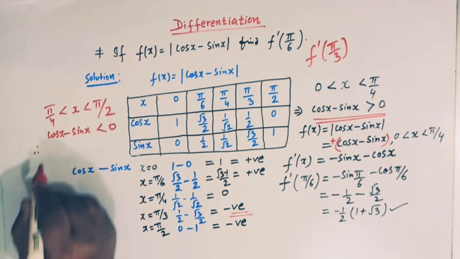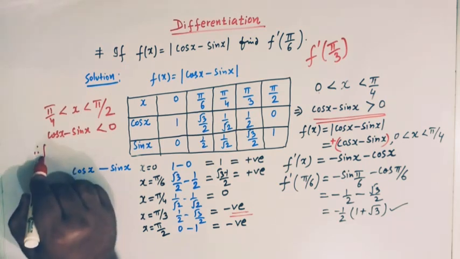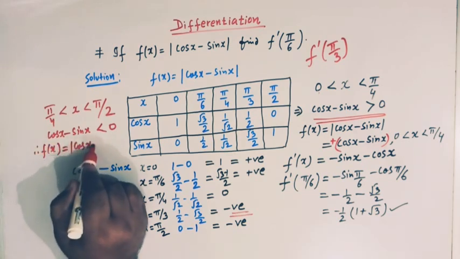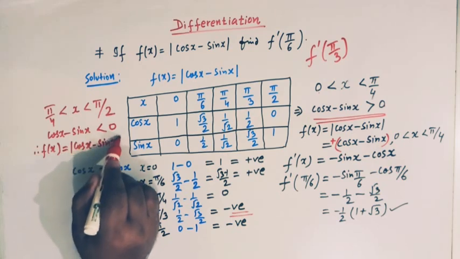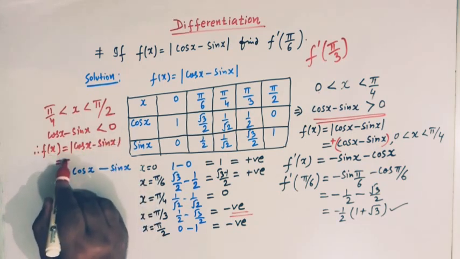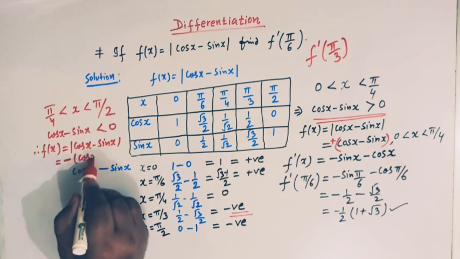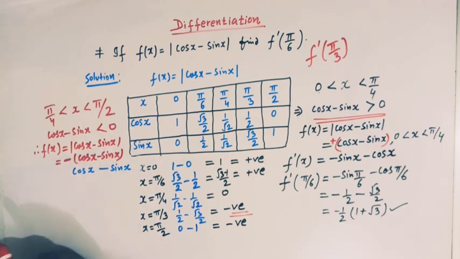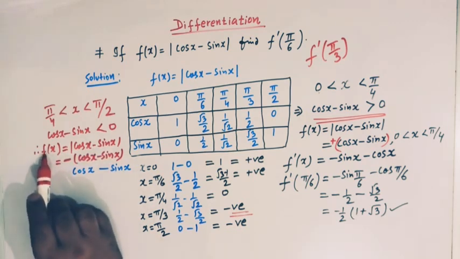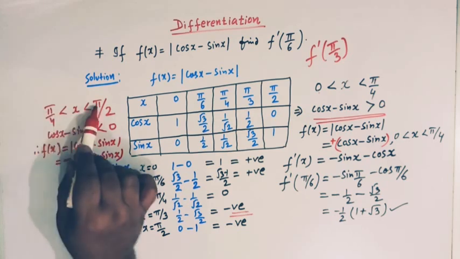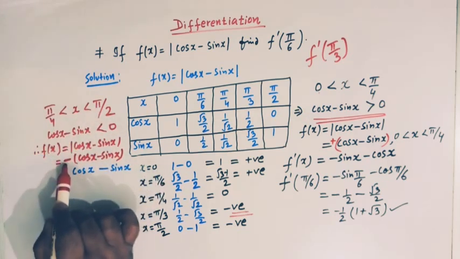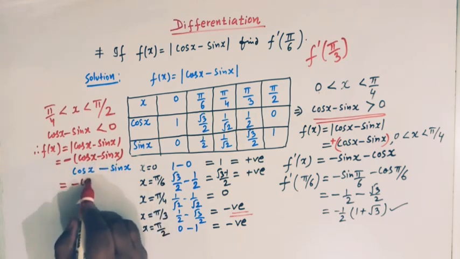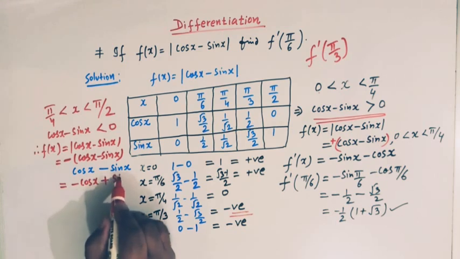Therefore we can write f(x) = |cos x − sin x| = −(cos x − sin x). This is due to the definition of the absolute value function. So for x lying between π/4 and π/2, f(x) is equal to −(cos x − sin x), which can be written as −cos x + sin x.